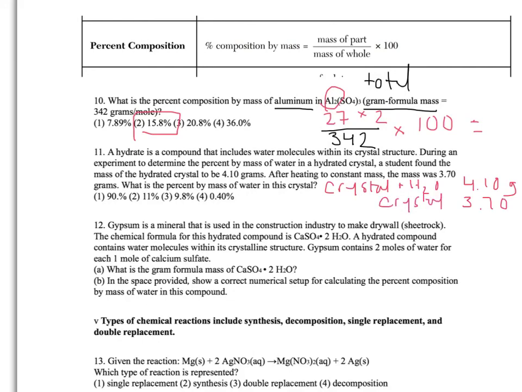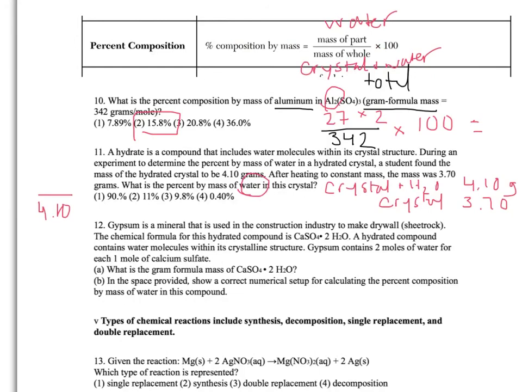Now the question asks us, what is the percent by mass of water? To find the percent by mass of water, we're going to have the mass of part be water, and the mass of whole is going to be the crystal plus the water. So we know our total mass is 4.10. And now we have to find the mass of the water.